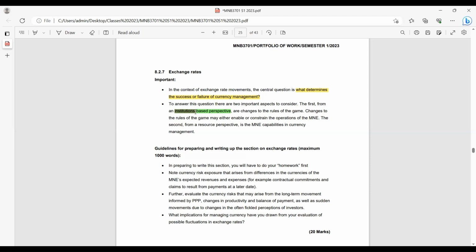It can be both formal or informal political institutions, formal or informal economic institutions, and formal or informal legal institutions. When they are informal legal institutions, we'll be talking about things like language, culture, and others, right?